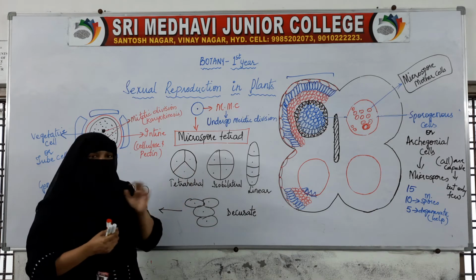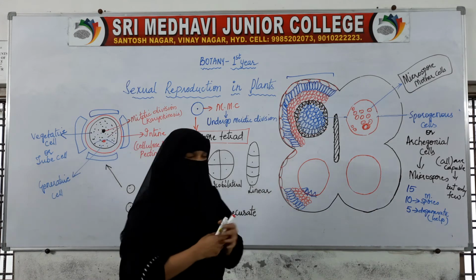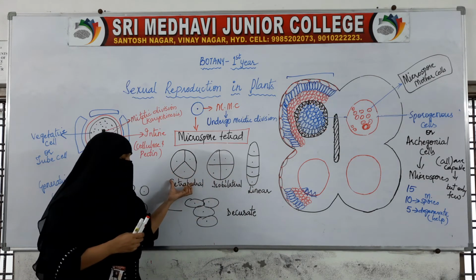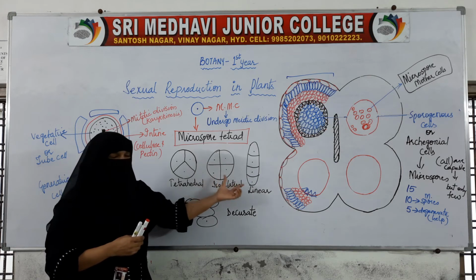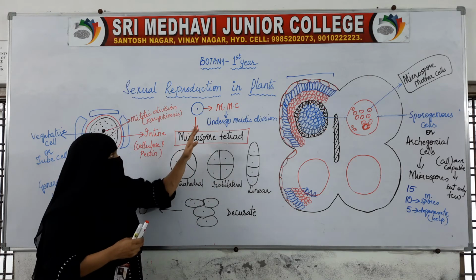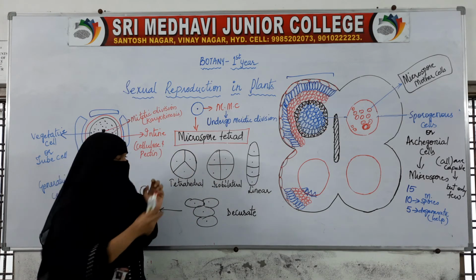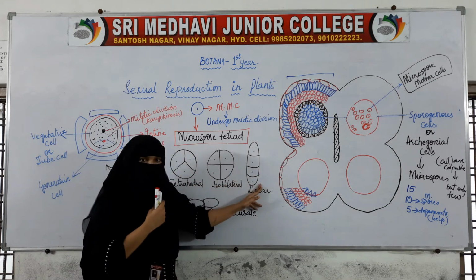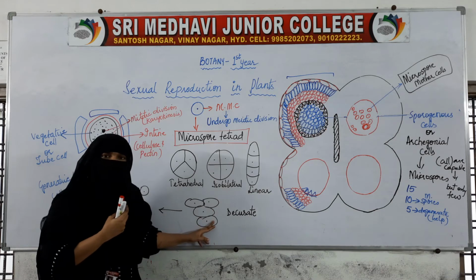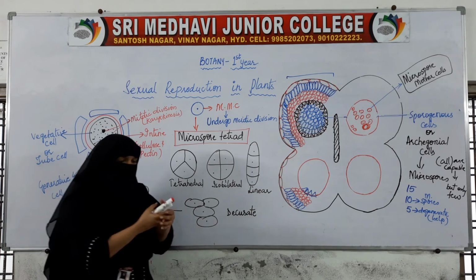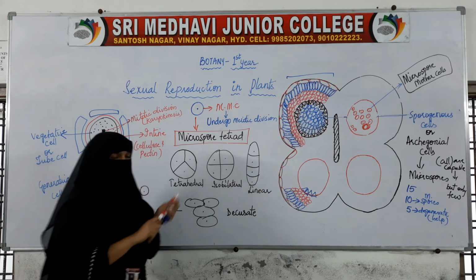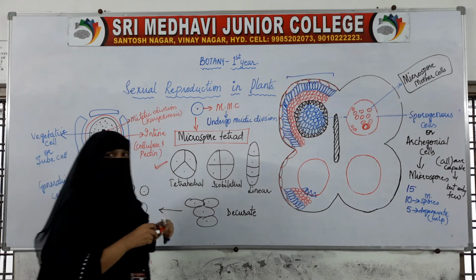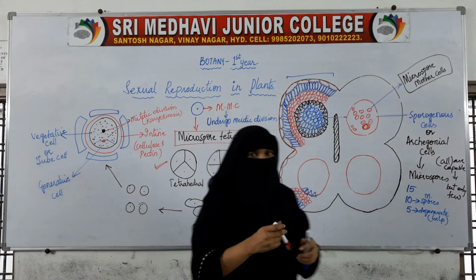So a microspore tetrad can be of any type. It depends, but the most common one which we see is tetrahedral.